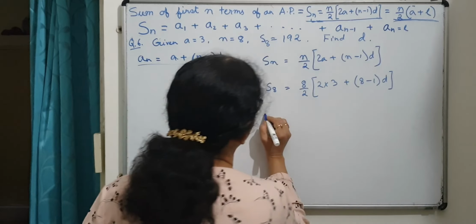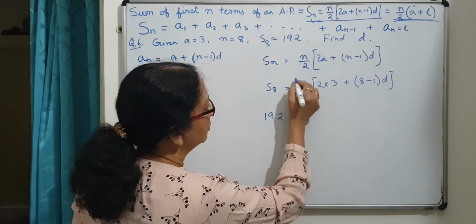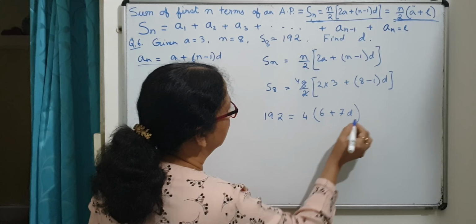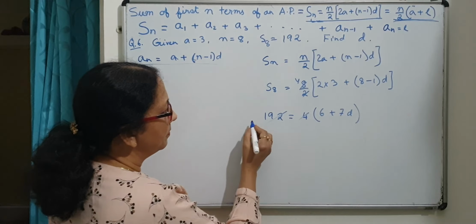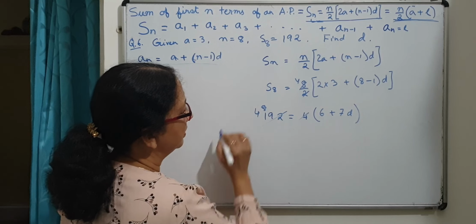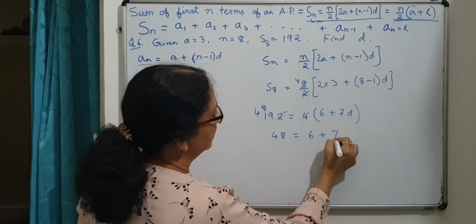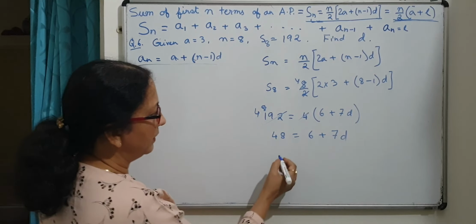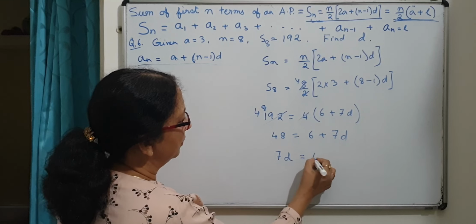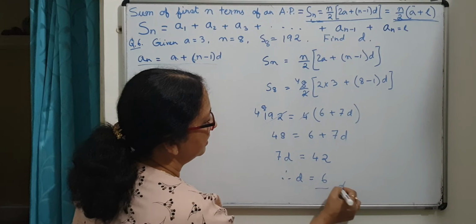So I can write 192 is equal to 4 times (6 plus 7D). The 4 cancels, and 48 is equal to 6 plus 7D. In this way you can very easily find the value of D. So what is 7D? It is 42. Therefore D is equal to 6. So that's the answer. So simple.